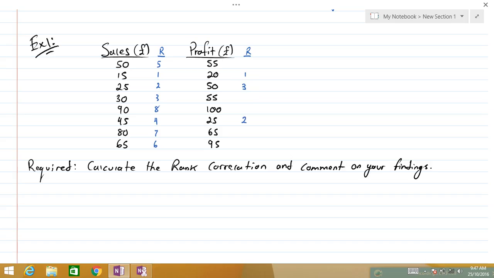Which one comes first? Which 55? The first one. Why? Why do you say the first one? Why not the second one? Same value, am I right? Then how do you do it? Skip. No, it cannot be based on sales. You do the ranking based on the profit.